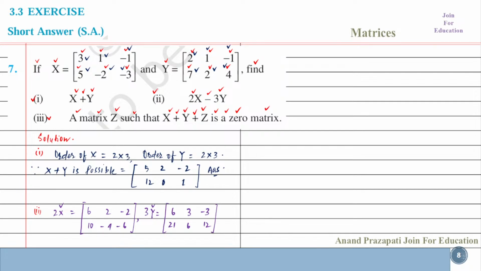The order of 2X is 2 by 3, and order of 3Y is also 2 by 3.